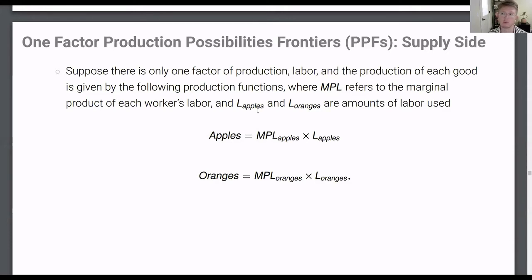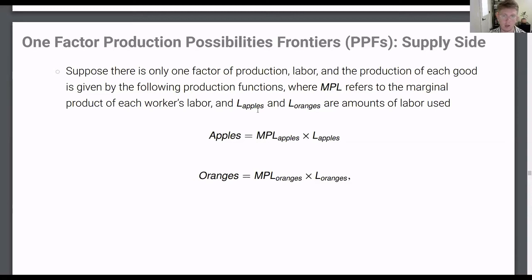So suppose that there's only going to be one factor of production, that's going to be labor, and the production function of each good is going to be given by the following functions, where the marginal product of labor, or MPL, is just how much one worker can produce.